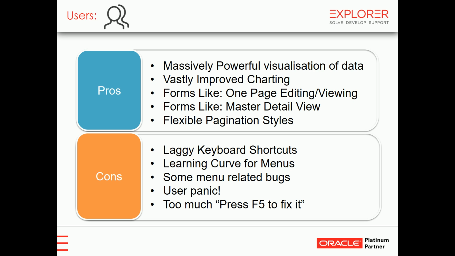Now, in terms of the cons or the areas the interactive grid can improve on, in my opinion, a user coming from Oracle Forms to Apex would experience laggy keyboard shortcuts. And I'm thinking in terms of the undos and the redos. Interactive Grid does support them, but often it's not clear if the users actually clicked undo or redo.